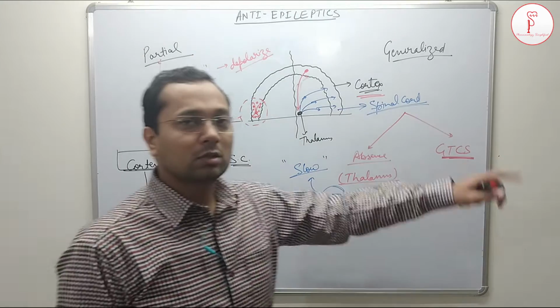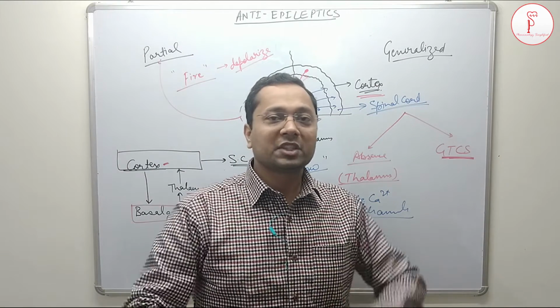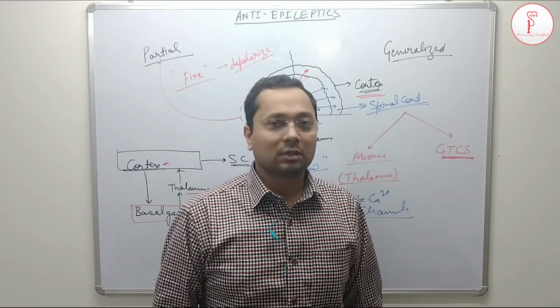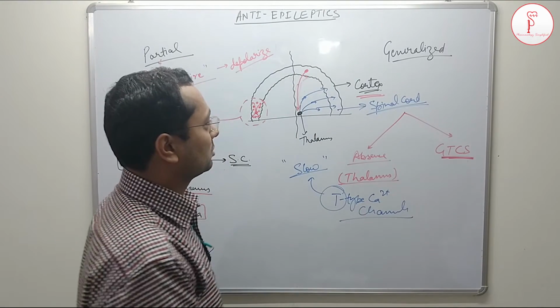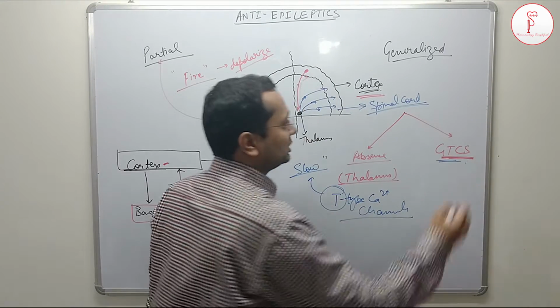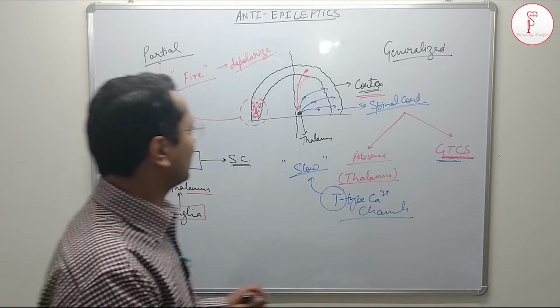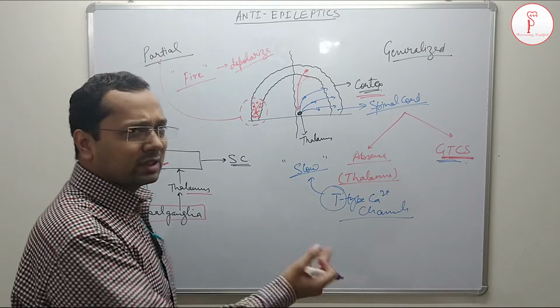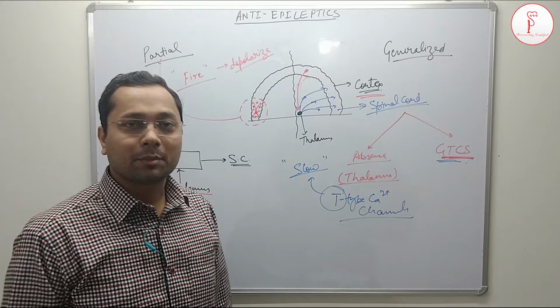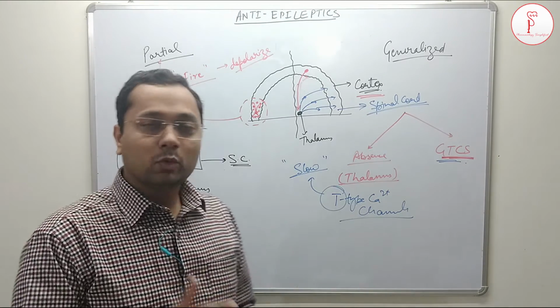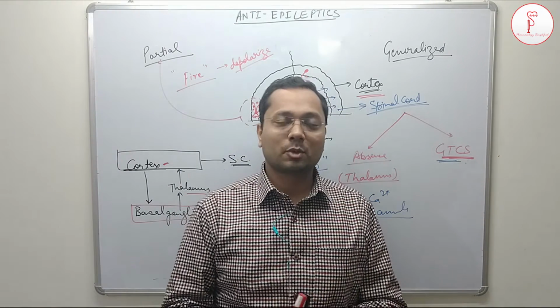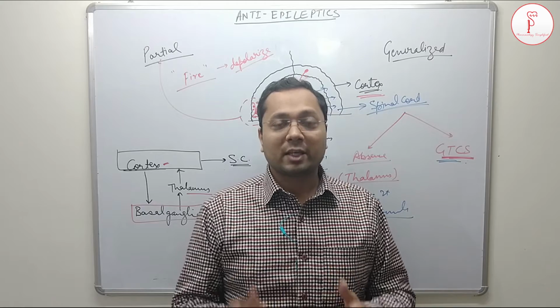And when these signals go to the spinal cord, there will be rapid twitching and movement of the muscles, right? So this is about your GTC. So these are the basic features of the different epilepsies. Now we will move ahead with the pharmacological approaches that we can use for managing epilepsy.